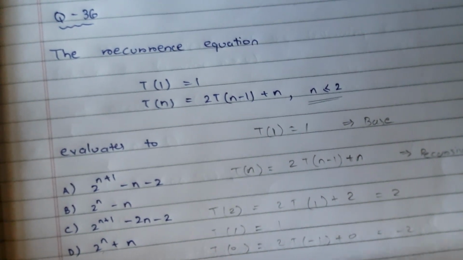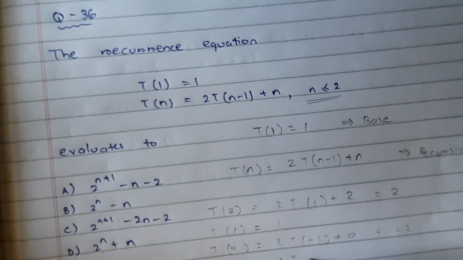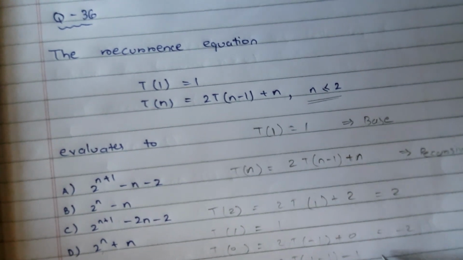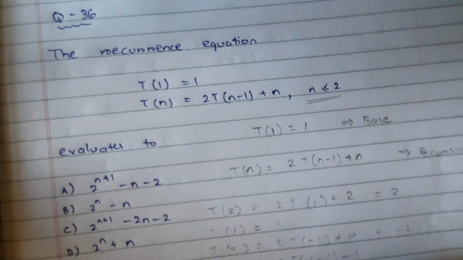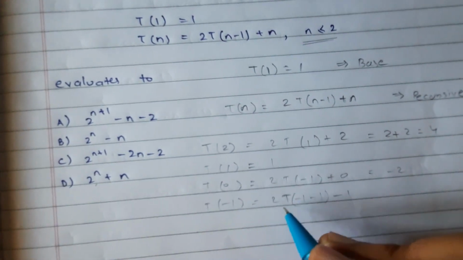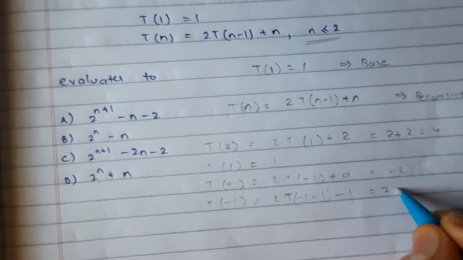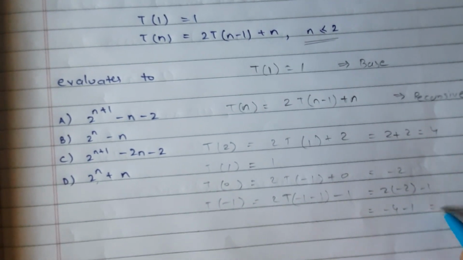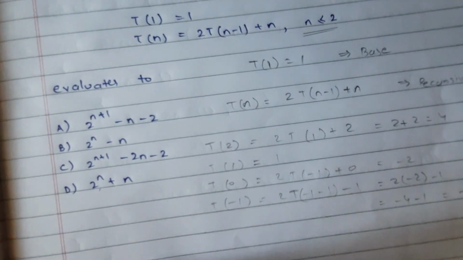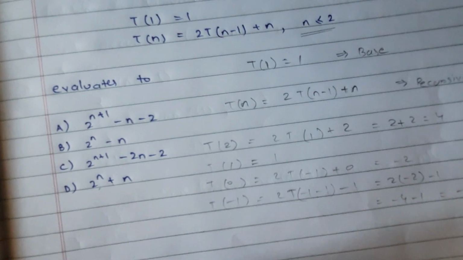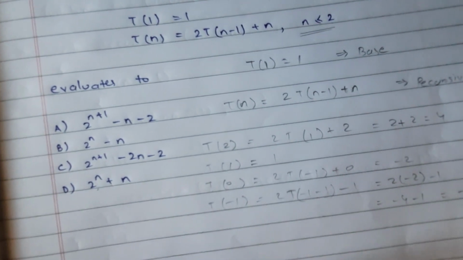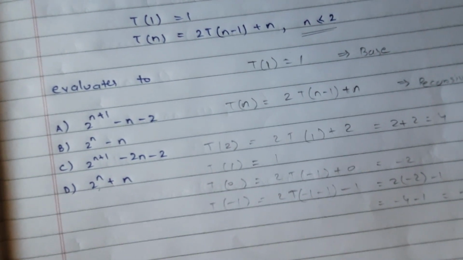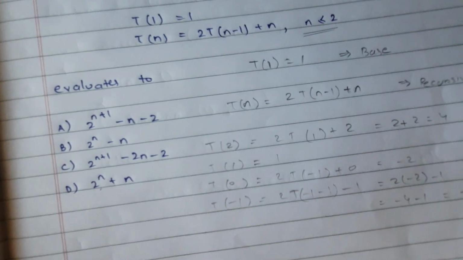Then T of minus 1 is 2T of minus 1 minus 1 plus minus 1, giving minus 5. So we have our answers: T of 2 is 4, T of 1 is 1, T of 0 is minus 2, T of minus 1 is minus 5.